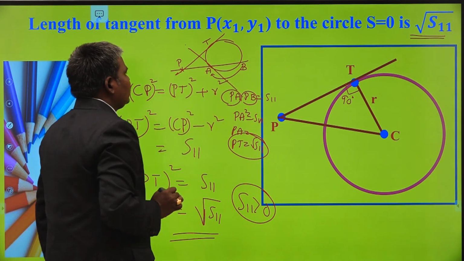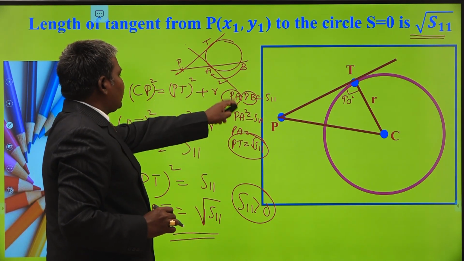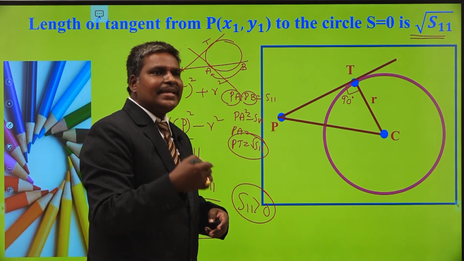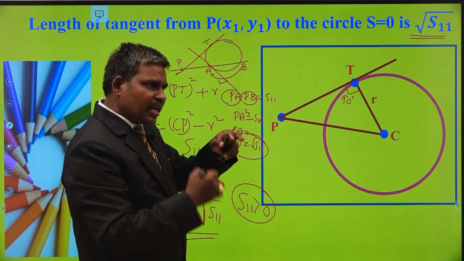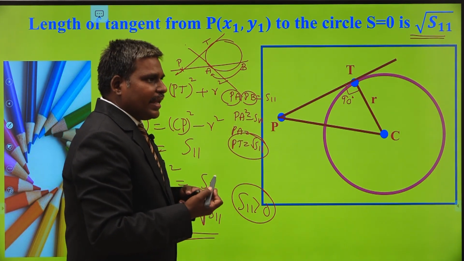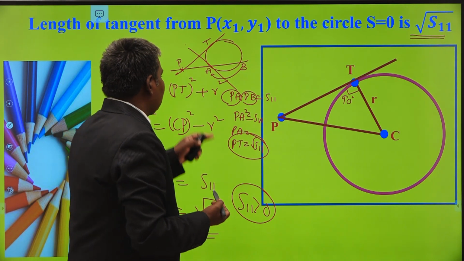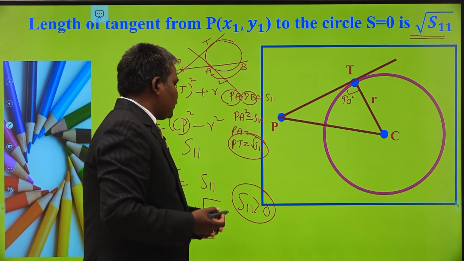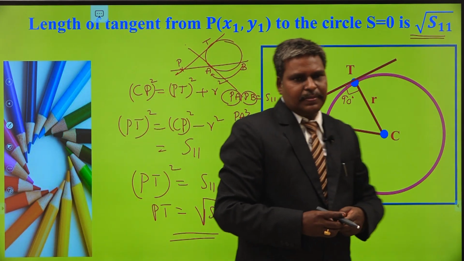So from that itself we can prove that one. PA into PB is equal to S11. If PA is equal to PB, that is B becomes A, the secant line becomes what? Tangent. So the length of tangent is nothing but root S11, because PA square is equal to S11, therefore PA is equal to root S11.